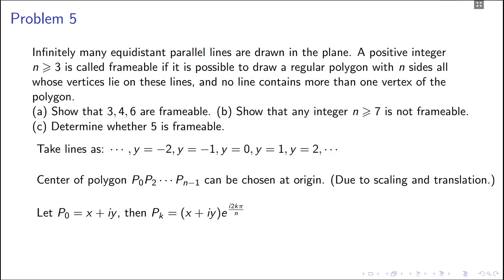So this will be the coordinate of the kth vertex. So you know all the coordinates, and the imaginary part will be its y coordinate, so they all have to be distinct integers. So these are integers, and of course they are also distinct. Okay, so when is this possible? That's what you have to check, basically.